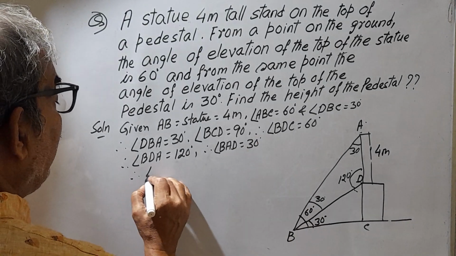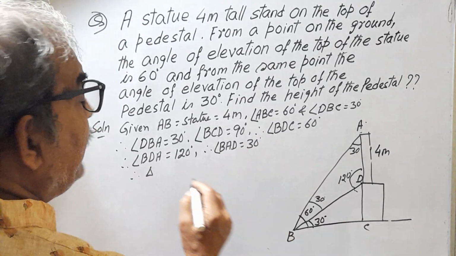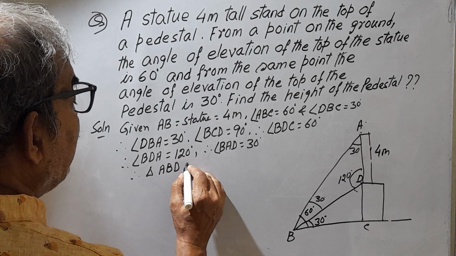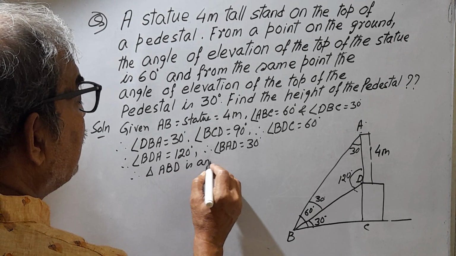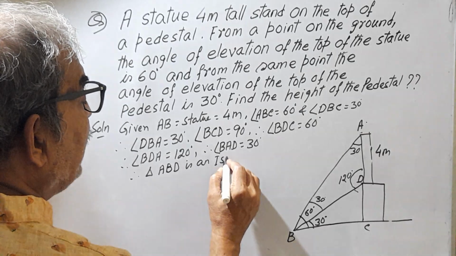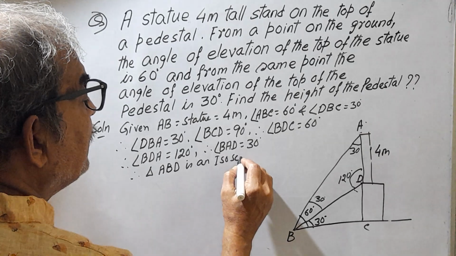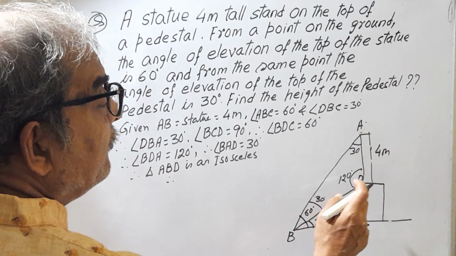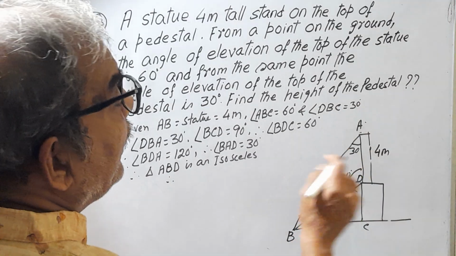Therefore triangle ABD is an isosceles. Clear? Therefore BD equal to DA.